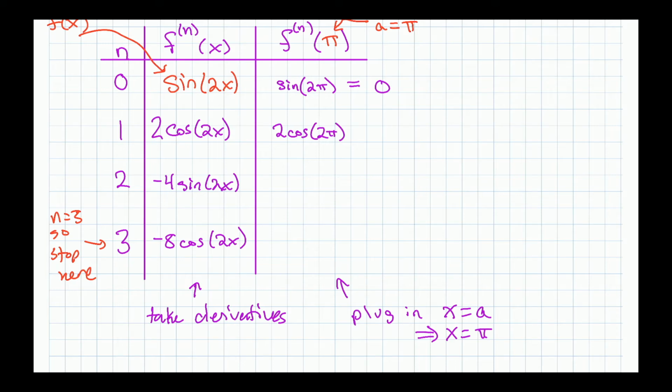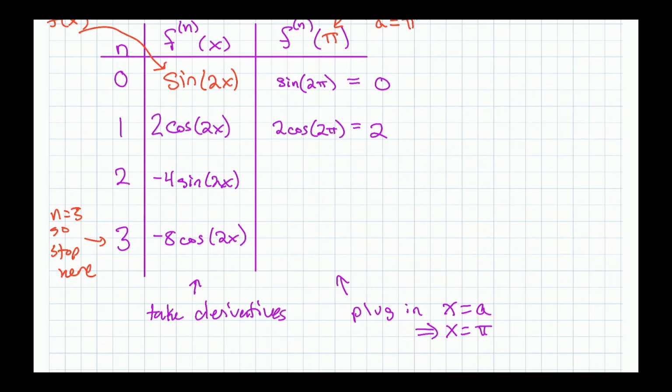Cosine 2 pi is 1, and then we're multiplying by 2, so you get 2. Then you have negative 4 sine 2 pi. Sine 2 pi is 0 again, so this is another 0. And then we get negative 8 cosine 2 pi. Cosine 2 pi is 1 again, so this is just negative 8.